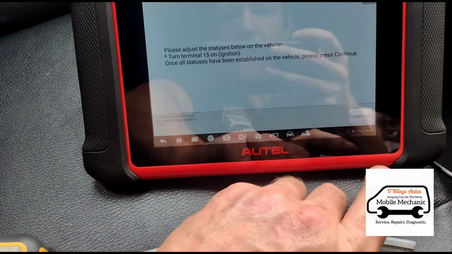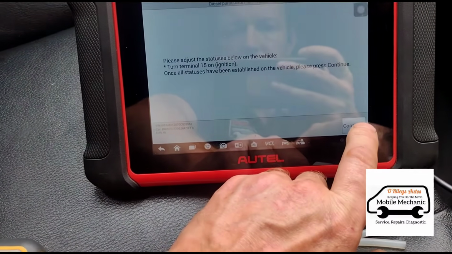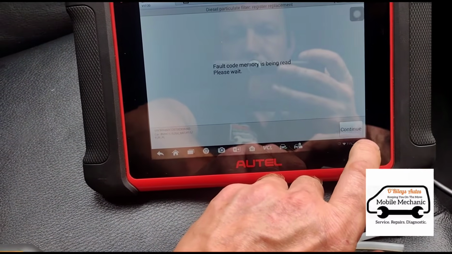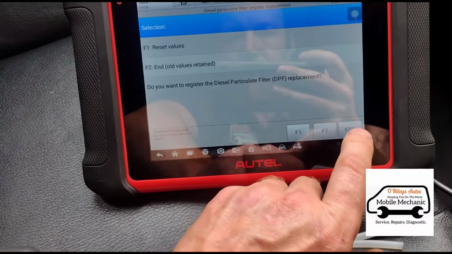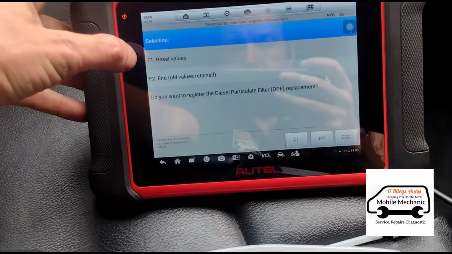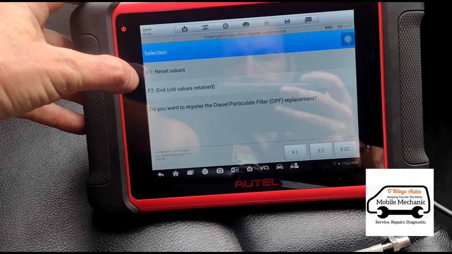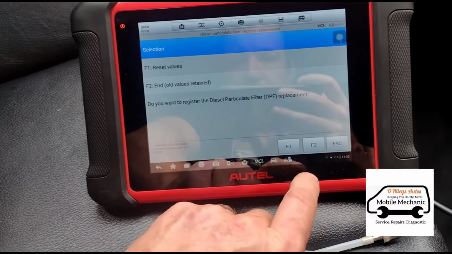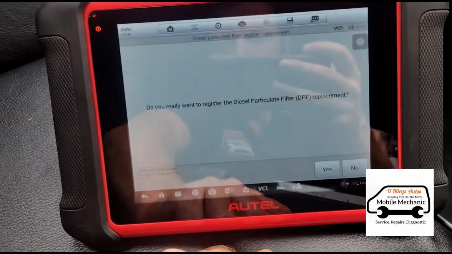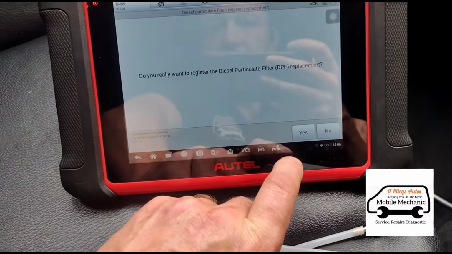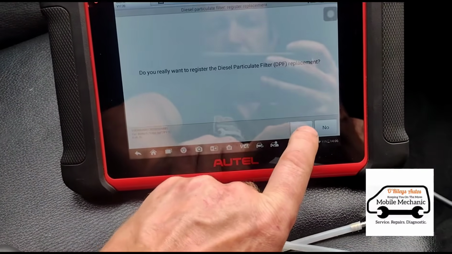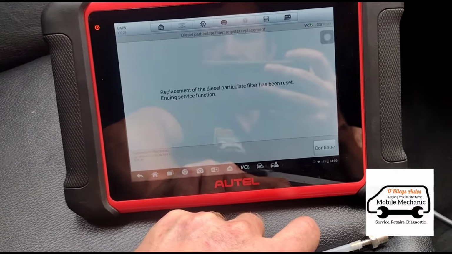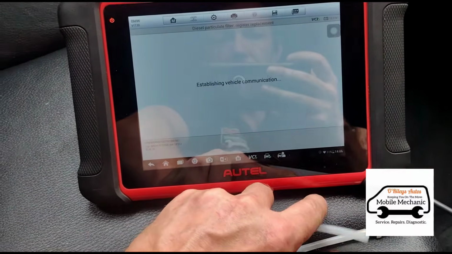So if I do this, okay, reset the values, this one, F1. Do you really want to register a replacement DPF? Yes. So that's now been reset.